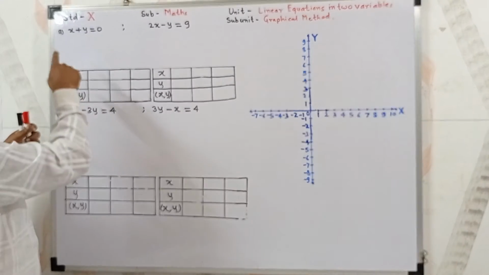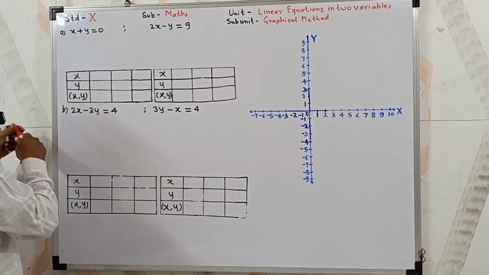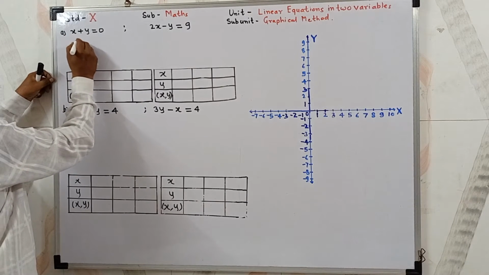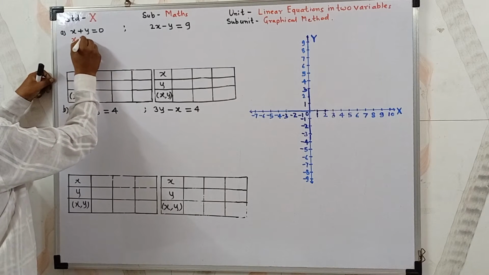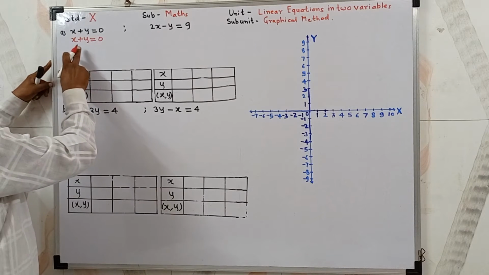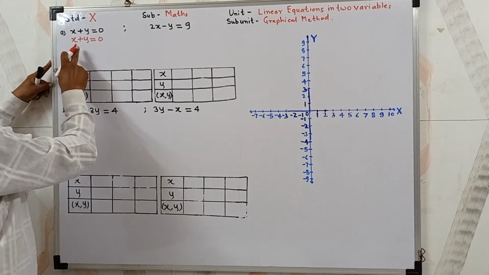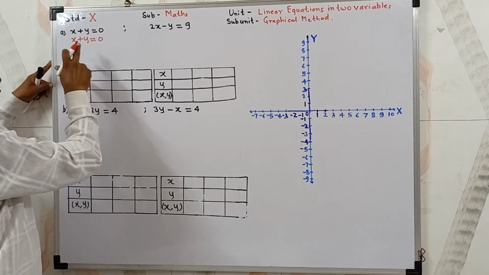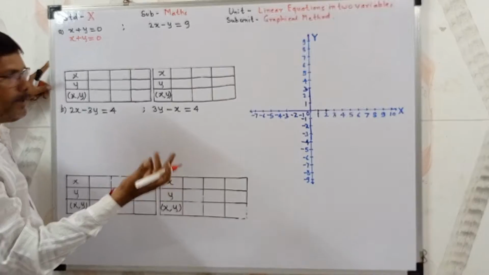Understood? So listen here, how to do this. This is the equation, x plus y is equal to 0. So we must find out the value of y.